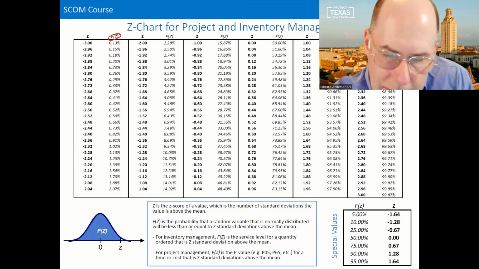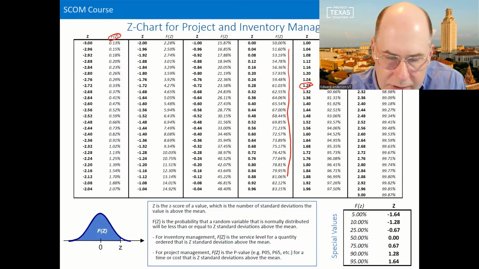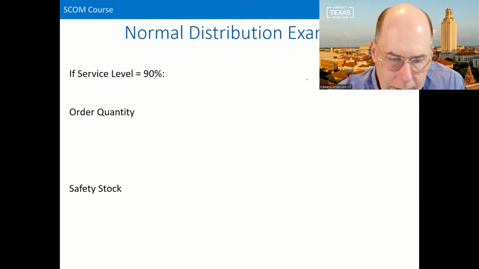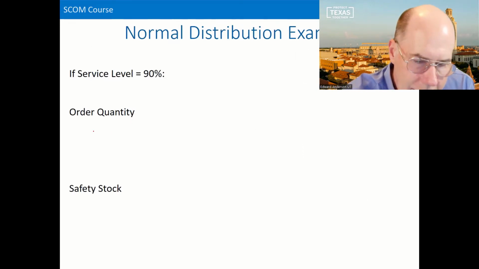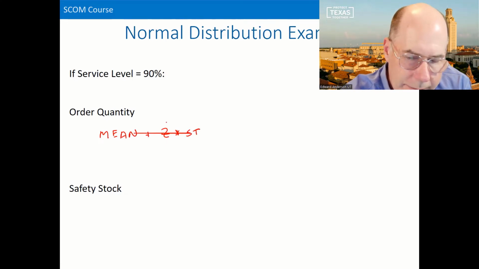Let's see, what's 90%? I don't see 90% here. So we keep going through. I don't see 90% yet. Oh, here it is. So we've got a 90% service level, and that corresponds to 1.28 standard deviations above the mean. So our order quantity is the mean plus z times the standard deviation.